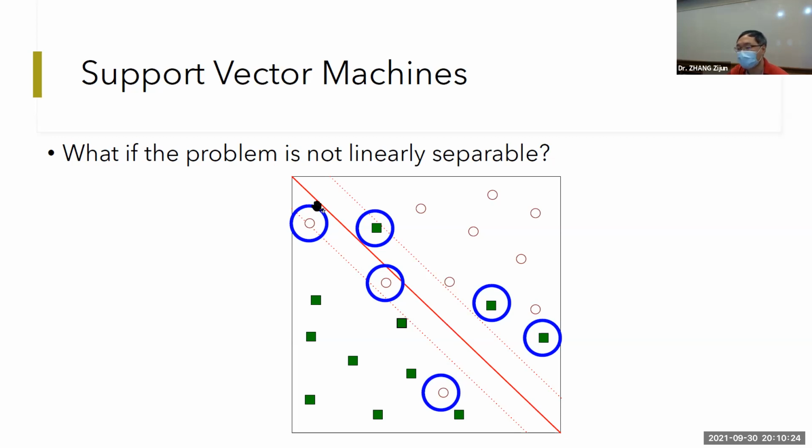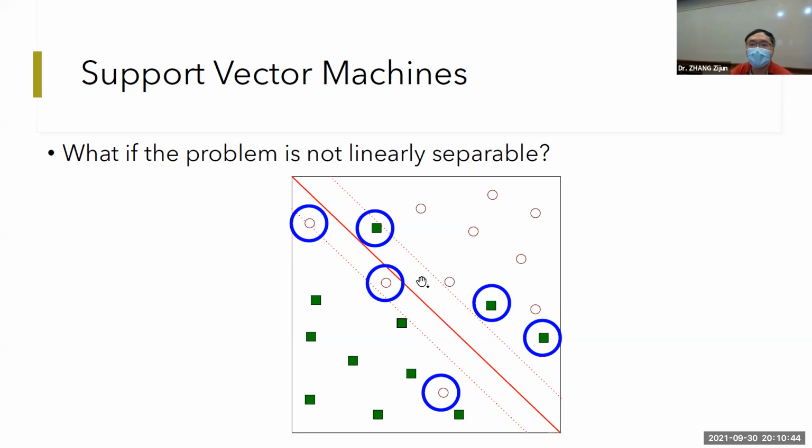So if you always try linear separation, you cannot find a perfect feasible hyperplane to separate all data points into two classes. Then what will be our solution?